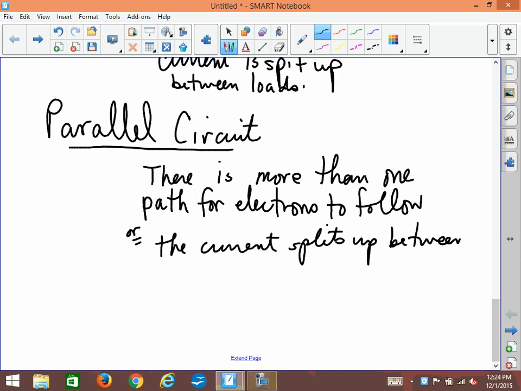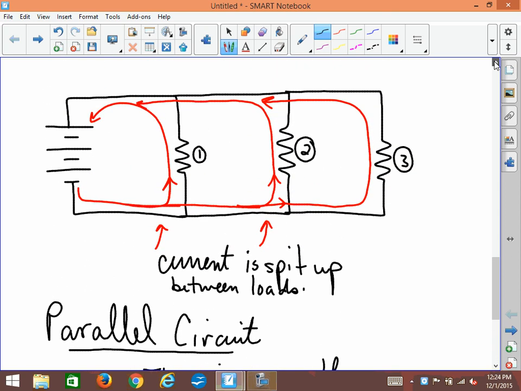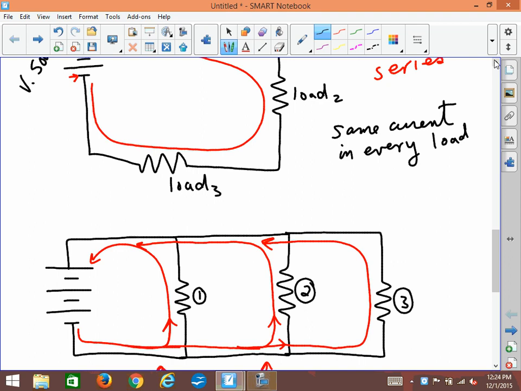Now we've drawn two very simple pictures. They don't have to actually look like what we have on the board or on your notes here. But these are generally the way when we're learning, we first start to depict them. The series circuit, here one path, and the parallel circuit down here, several different paths.